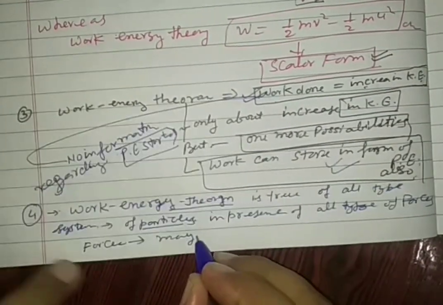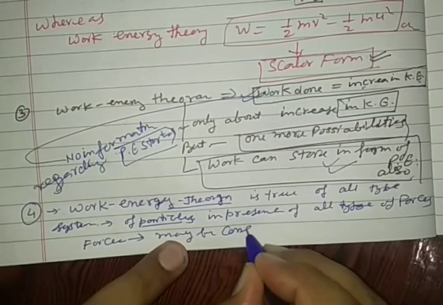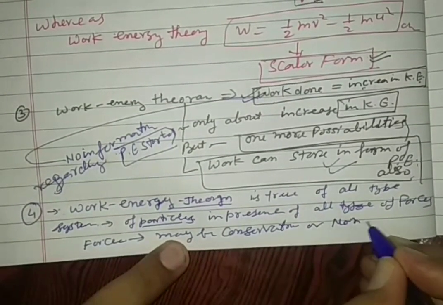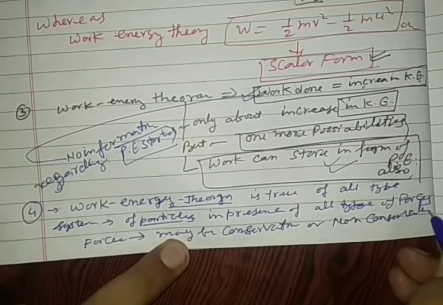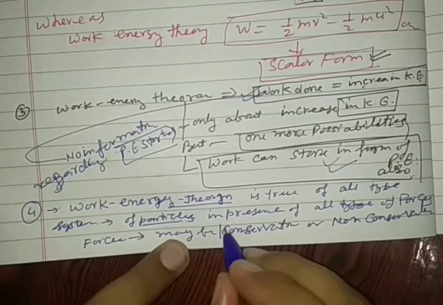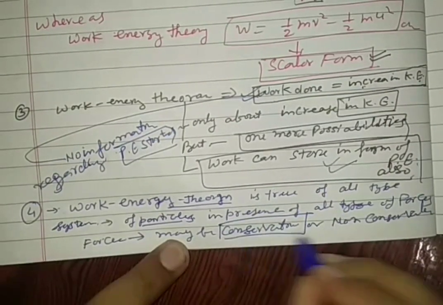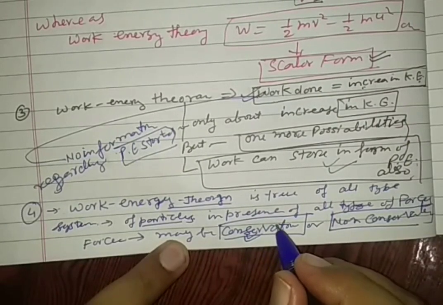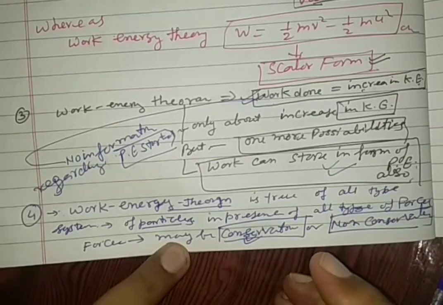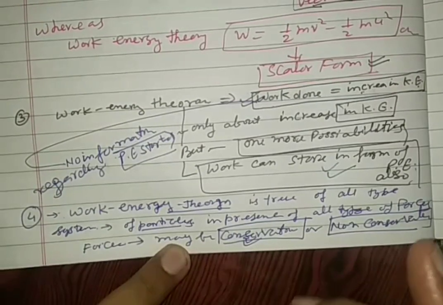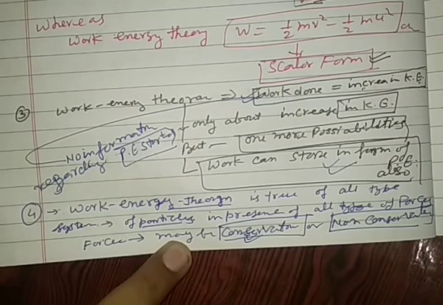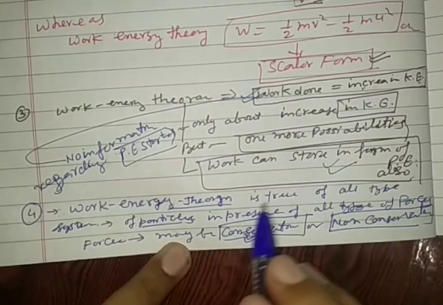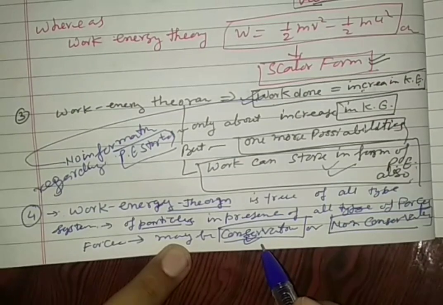These forces may be conservative or non-conservative. See, we have done conservative and non-conservative in the previous lecture. Conservative forces are those forces in which work done is only dependent on initial and final points, but independent of the path adopted, whereas non-conservative forces are just opposite to the conservative forces.